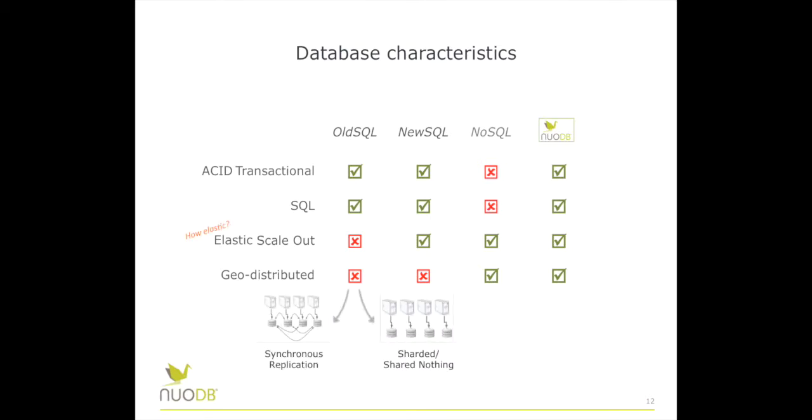Likewise, in the situations where I've said here there is no geo-distributed, the old SQL and the new SQL solutions will say to you, well, yes, but we do synchronous replication, or we use sharding, and there are lots of situations in which those are adequate.